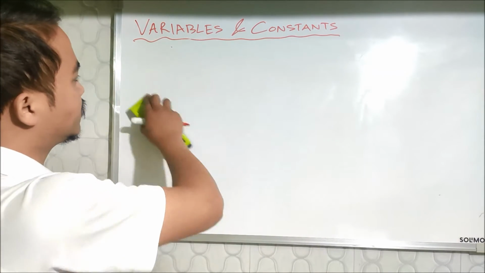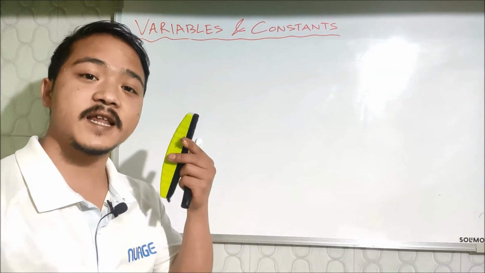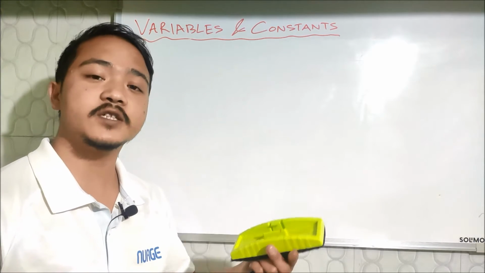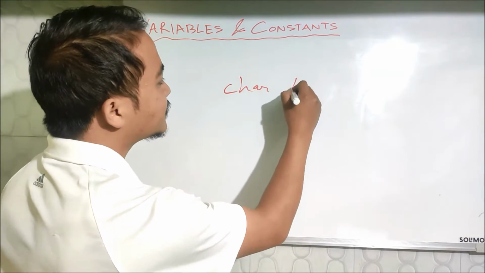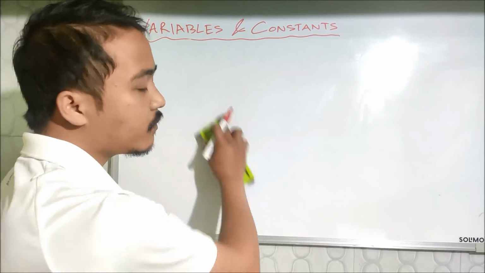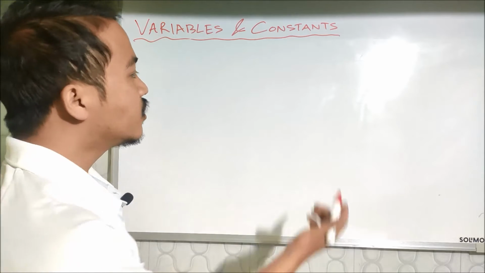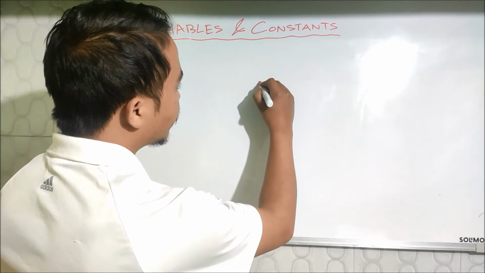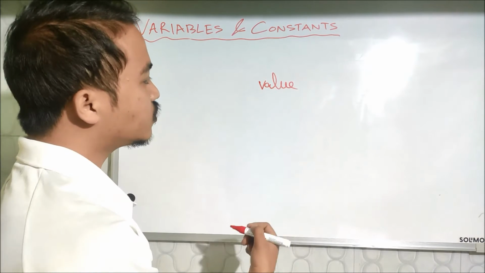Again, I will explain. A variable is just a name given to a storage location in memory. You cannot store char a like this. You have to give a name to the memory location so that you can retrieve it any time you want. Let's say value. Value is just a name. What do you want to store here?